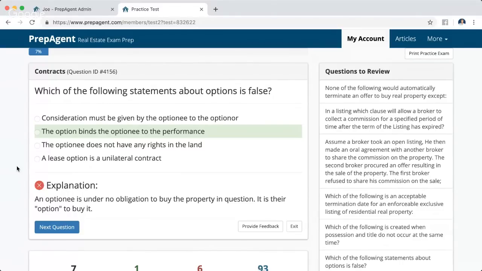Who is the optionee? We kind of alluded to this when we started today's webinar. Okay, so the optionee receives.